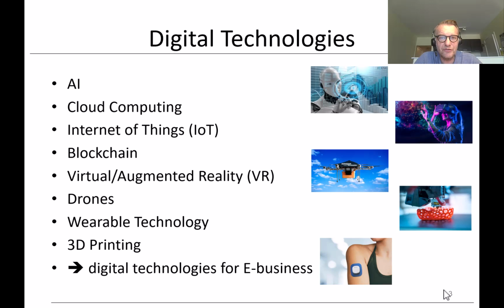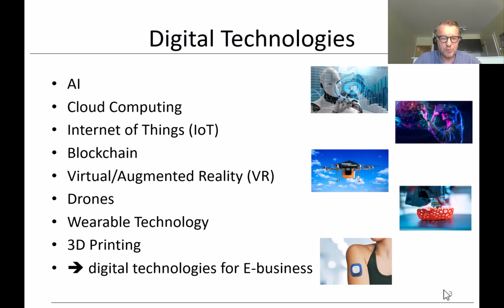Later on, we're going to see an example of how Amazon is using drones as part of its logistics chain. Wearable technology. Nowadays, many of us are having smartwatches, Fitbits that continuously monitor our blood pressure, or sleep quality, or heartbeat, etc., which is very useful information to improve your health, for example.